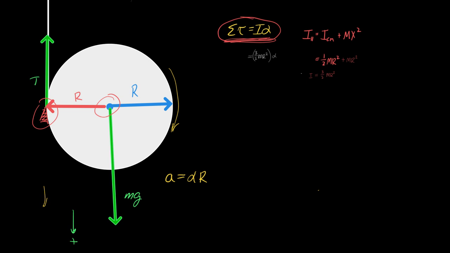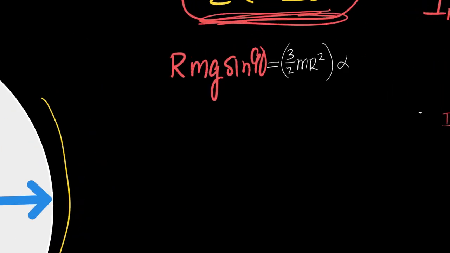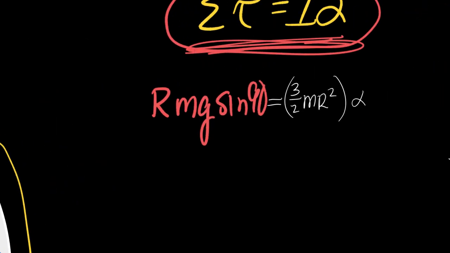I just have to turn that arrow around and draw it this way. So the torque arm distance is r, and the size of the force is mg. Is that 90 degrees still? Looks it. Sine 90. All right. Looks good to me.